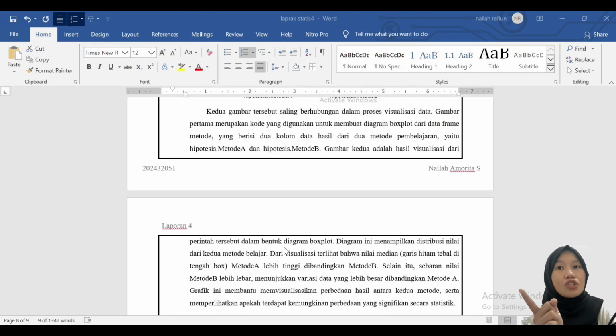The first image is the code used to create a box plot diagram of the method data frame, which contains two columns of result data from two learning methods, namely hypothesis dollar method A and hypothesis dollar method B. The second image is the visualization result in the form of a box plot diagram.